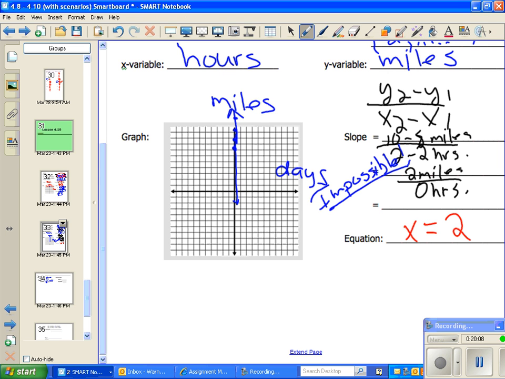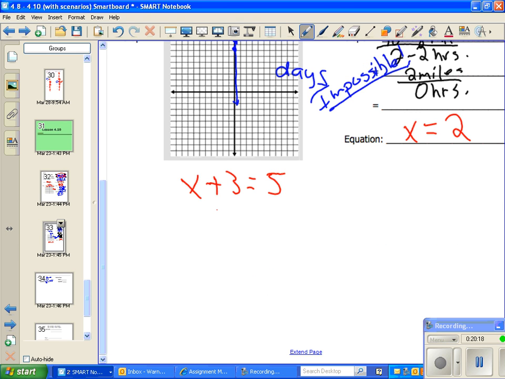If you guys remember back, when we solved an equation, like if we had x plus 3 equals 5, you subtracted 3 from each side and you got x equals 2. I had you graph those 2 different ways. What was one way to graph the answer x equals 2?